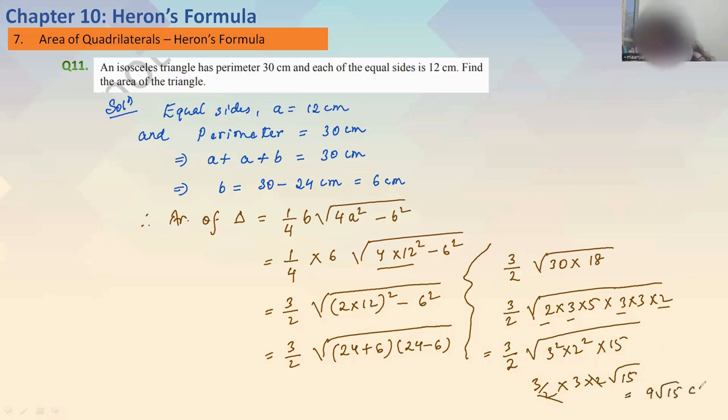Centimeter square. Now, if you wish to, you can find the square root of 15 using the long division method. Calculators won't be allowed right now, so you're going to use the long division method to figure it out and then multiply it. So, are you doing it?